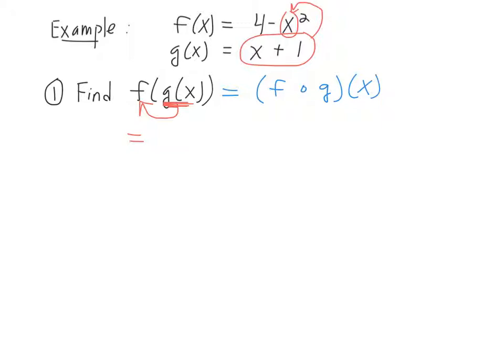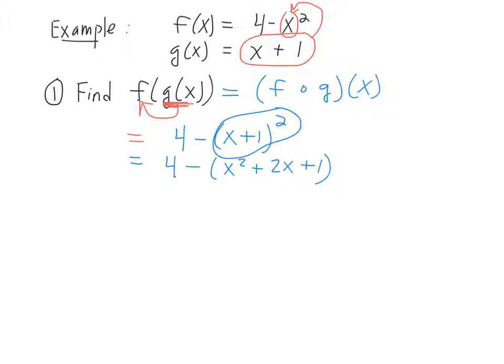So if we make that substitution, we would have 4 minus the quantity x plus 1 squared. And let's suppose that we need to simplify this. Well, when we do our FOIL on this piece right here, we end up with x squared plus 2x plus 1, and all of that is in parentheses with a negative in front, and from there we would need to distribute our negative to each term, and we can combine our 4 and our negative 1 into 3.